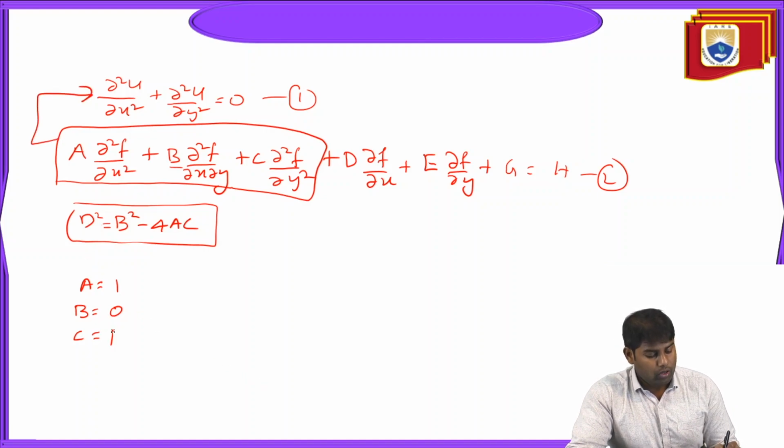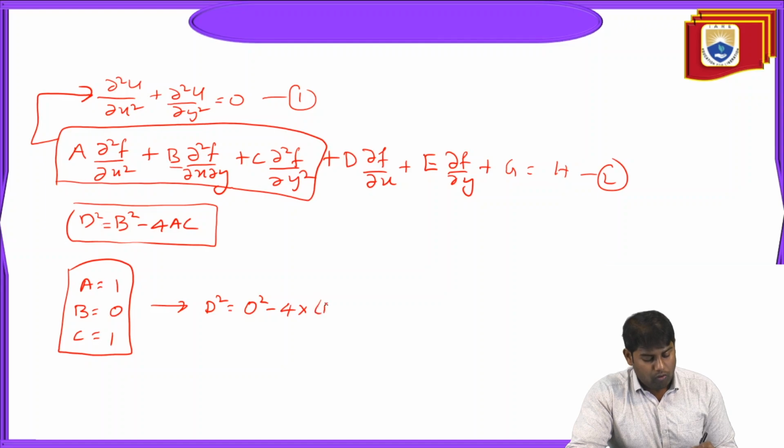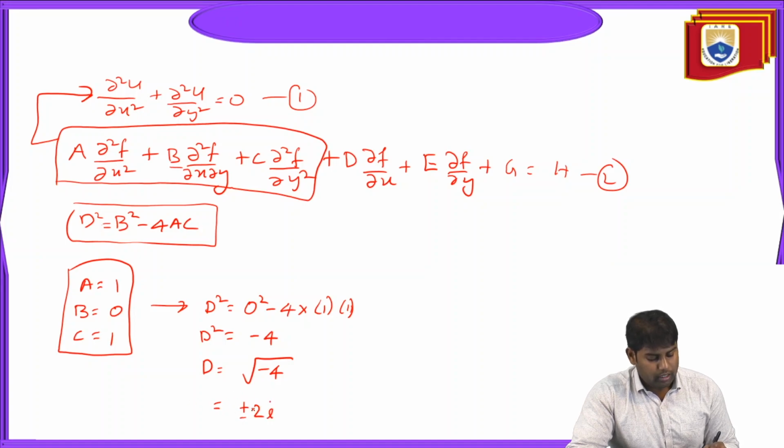A is equal to 1, b is equal to 0, c is equal to 1, which gives d² = 0² − 4 × 1 × 1. So the discriminant d² is nothing but −4, which gives d = √(−4), which is plus or minus 2i. So we have two roots, d = plus or minus 2i.